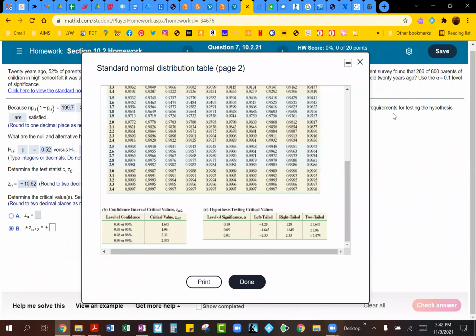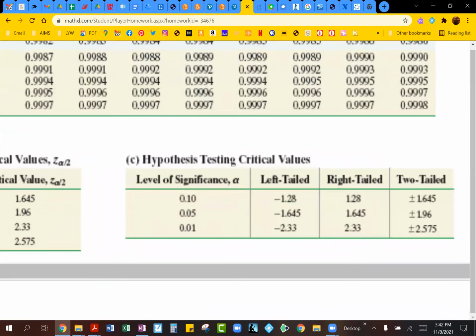So our level of significance was 0.1. Right here, you can see 0.1, and that is going to be this level of significance. I just wanted to show you where our numbers are coming from.